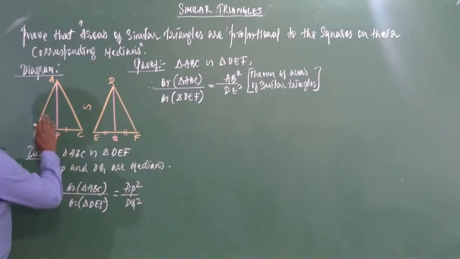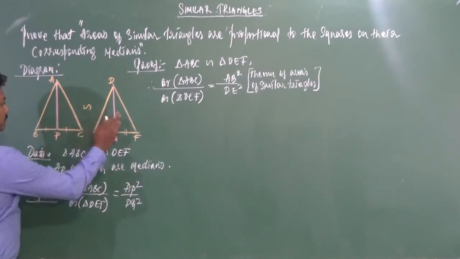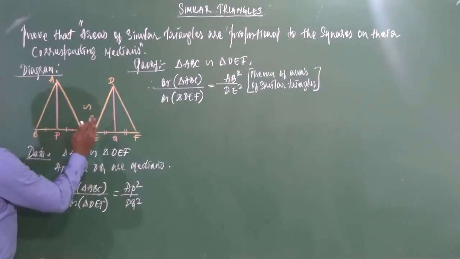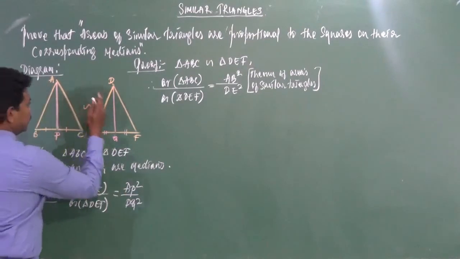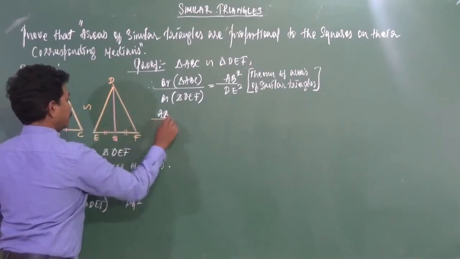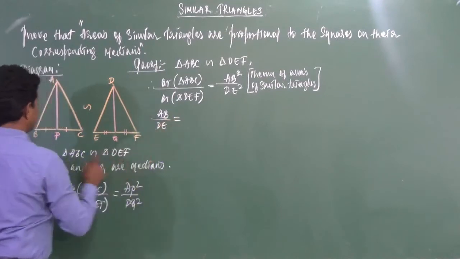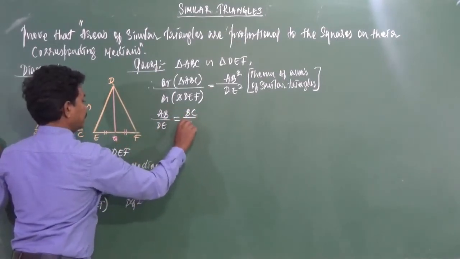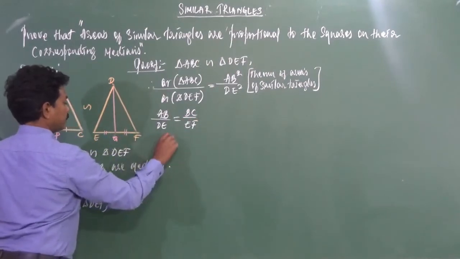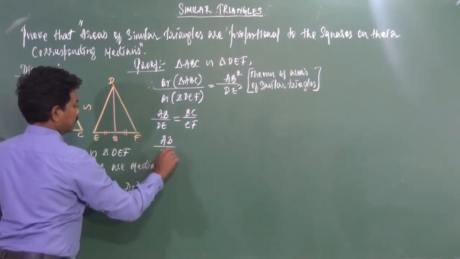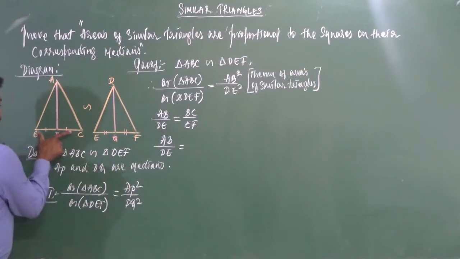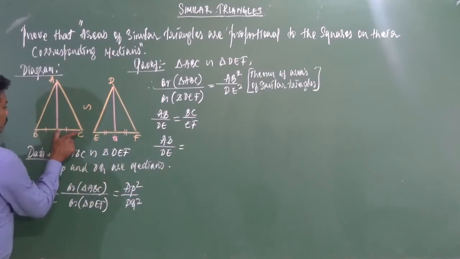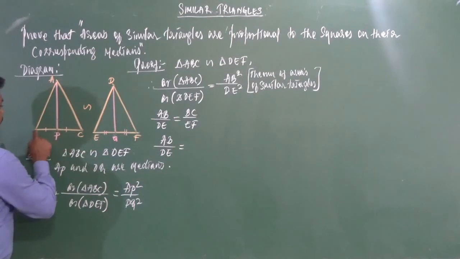Now, as both the triangles are similar to each other, we will take the proportionality AB by DE is equal to BC by EF. So, AB by DE is equal to, this BC can also be written as 2BP or 2PC because P is the midpoint of BC.